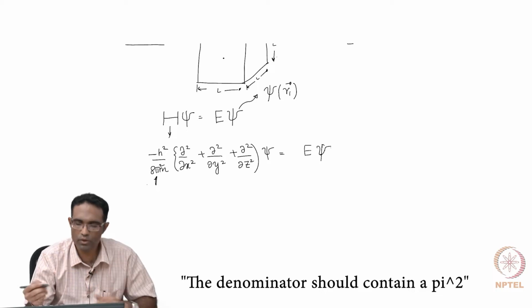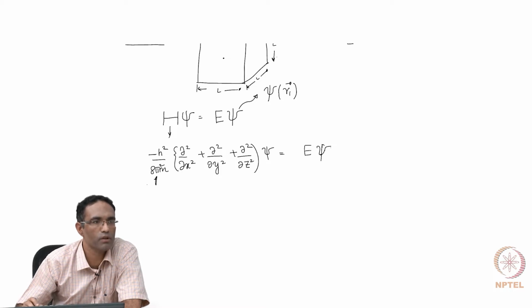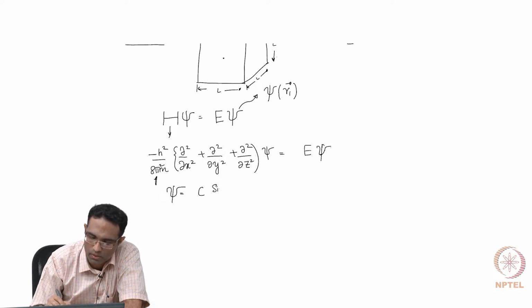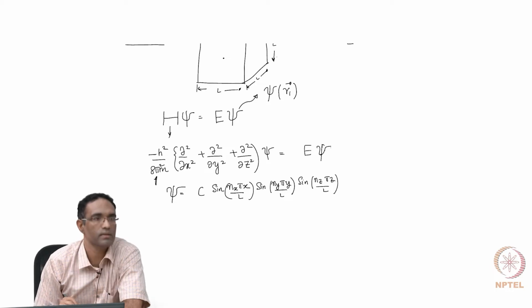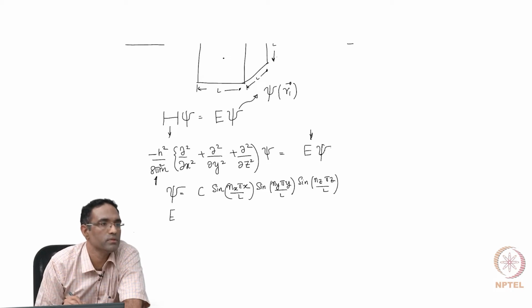So when you solve this, what do you get? How will you solve this problem? Using separation of variables. You can solve this problem using separation of variables, and you happen to get xi to be equal to c into sine nx pi x by L, sine ny pi y by L, sine nz pi z by L is your xi, and the corresponding E's are the eigenvalues, right?